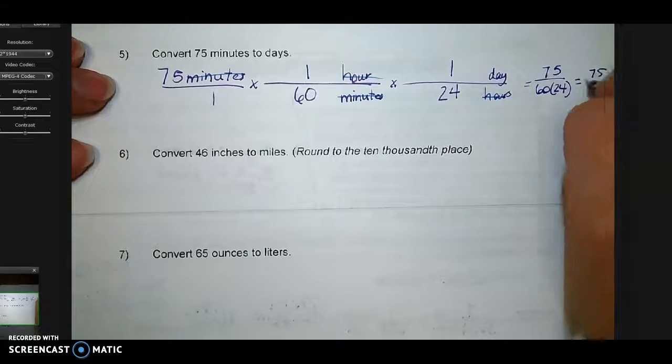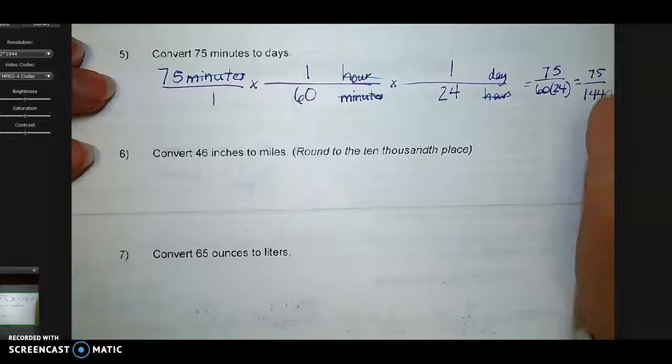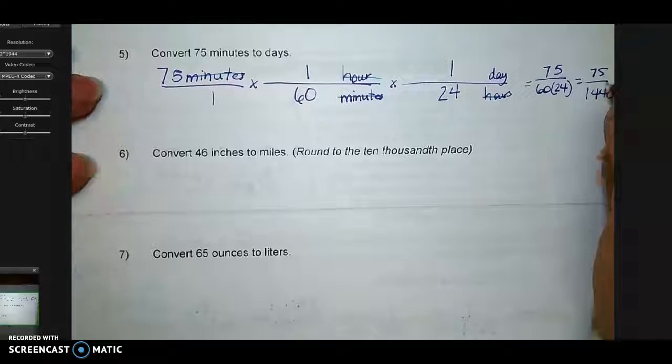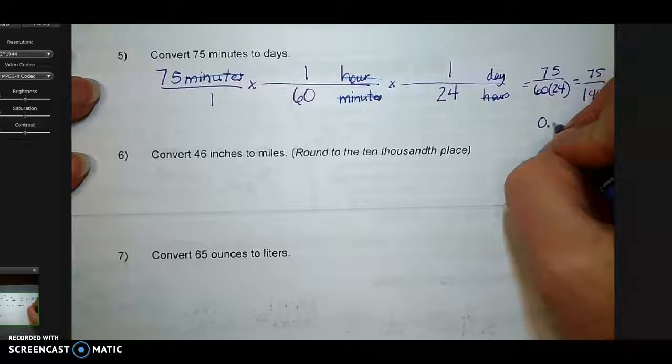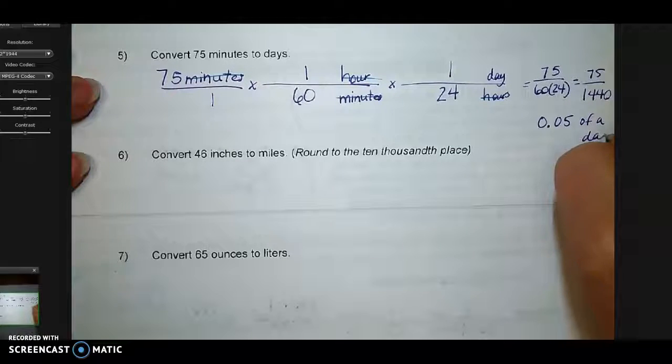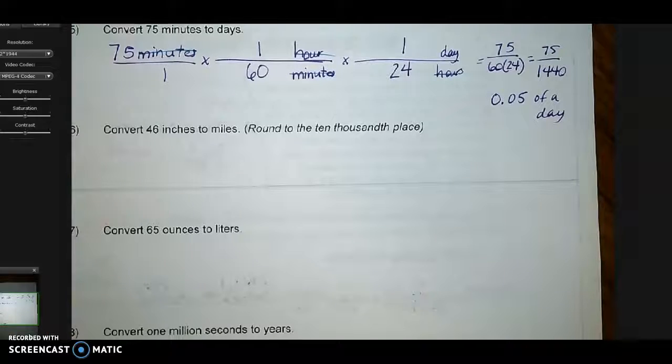So 75 divided by 1,440 is 0.05, so 5 hundredths of a day. So 75 minutes is 5 hundredths of a day.